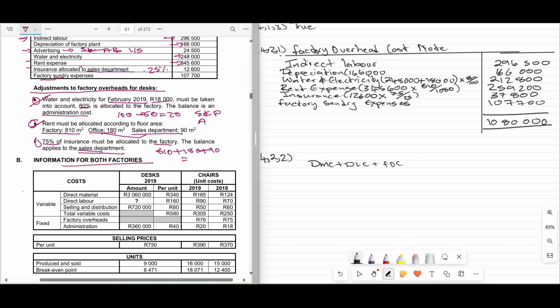When you check the information here, we have direct material, which is given. We are going to take this 3,060,000 plus our direct labor plus our factory overhead, which is 1,080,000.